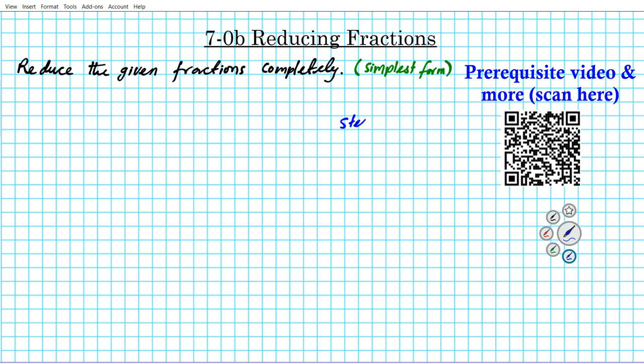Number one, you have to find the common factors of the numerator and the denominator. So find the common factors of the numerator, let's just write it as NUM, and the denominator.